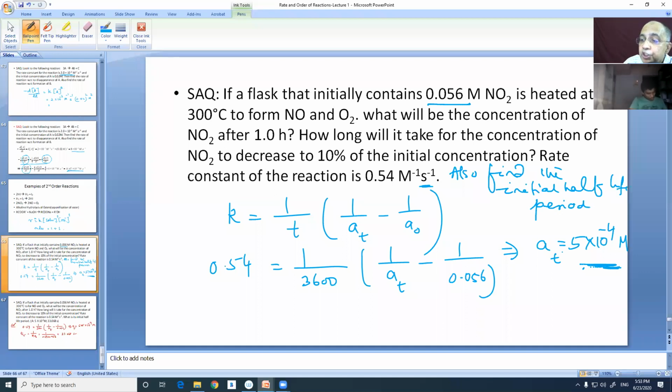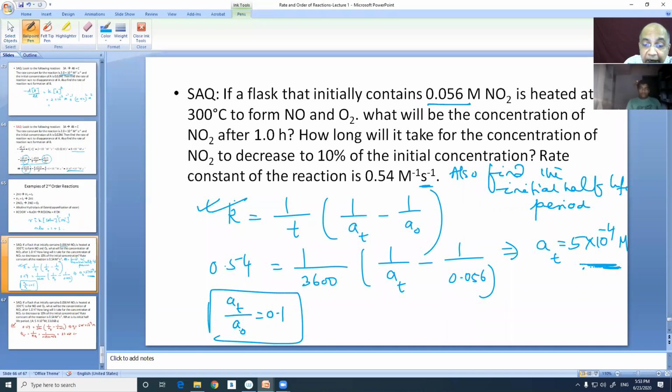So A by A0 should be 0.1. How to make this equation, you do at home. This ratio A by A0 will be 0.1, and K is constant always. So the time you have to find out, and A by A0 is 0.1.